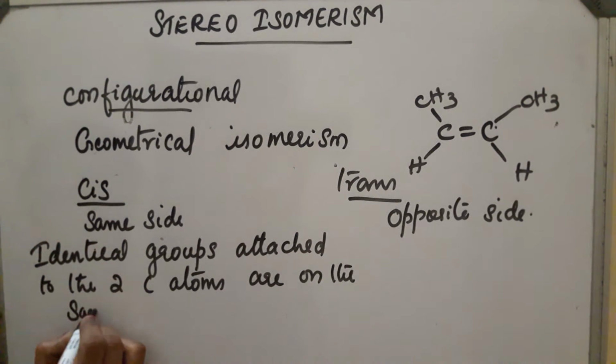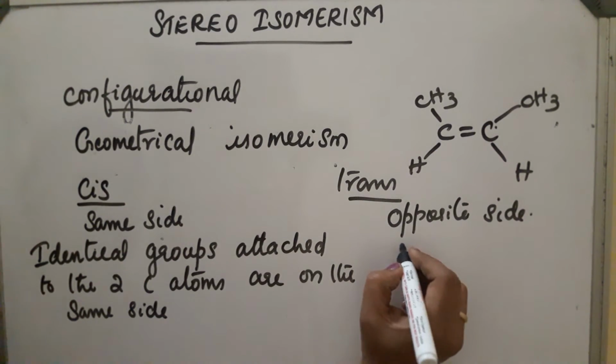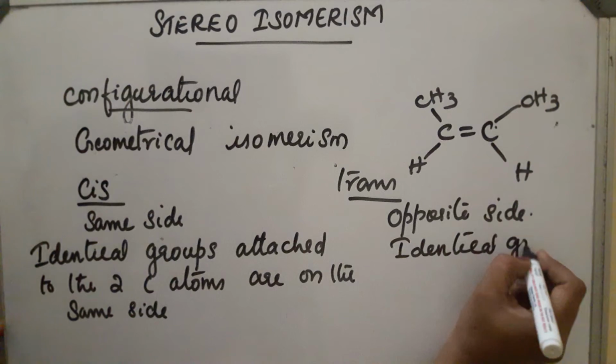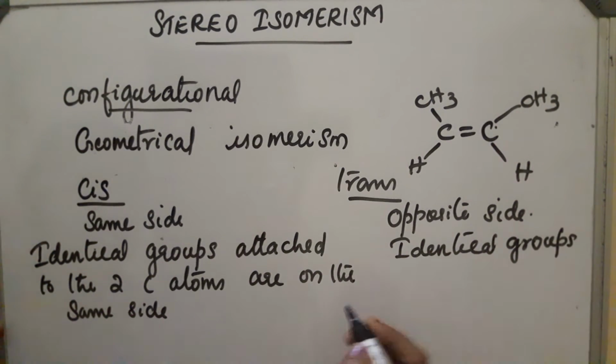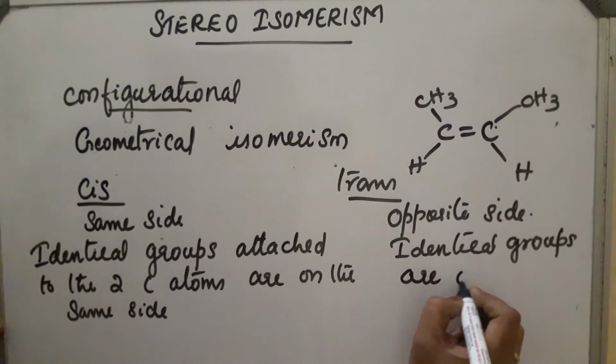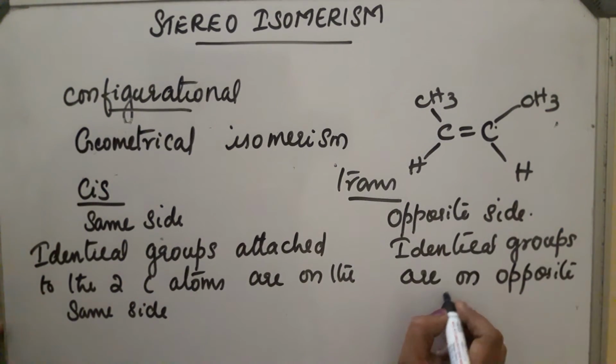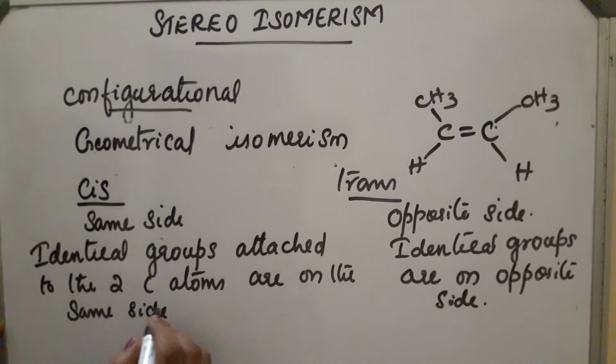Similarly, in the case of trans, the identical groups attached to the two carbon atoms are on the opposite side.